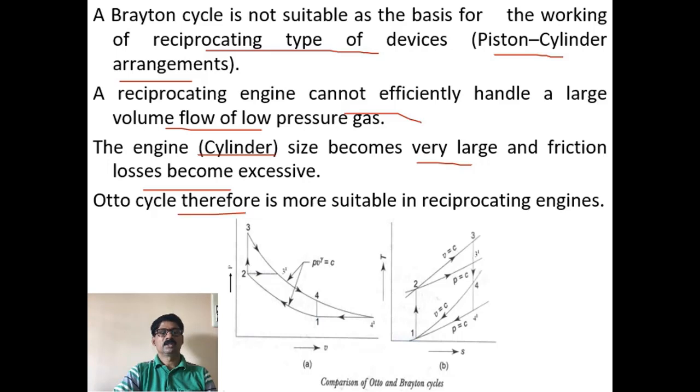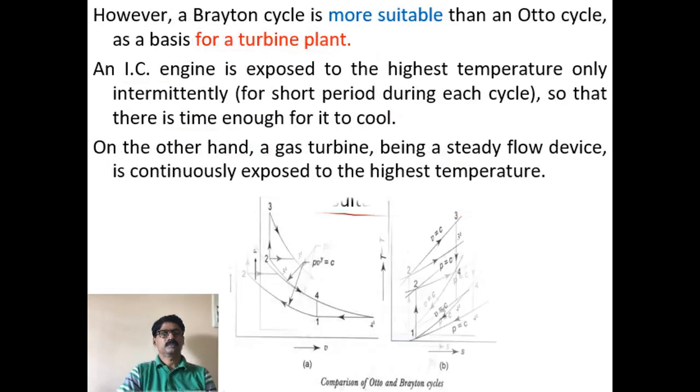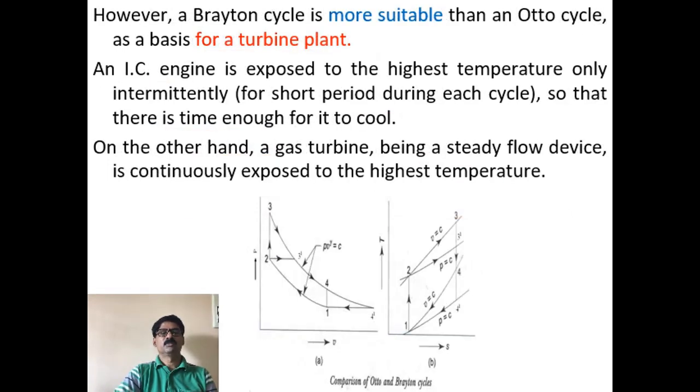So the Otto cycle is therefore more suitable in the case of reciprocating engines. However, a Brayton cycle is more suitable than the Otto cycle for the turbine plant. So when it comes to a gas turbine plant, the Brayton cycle is more suitable than the Otto cycle. An IC engine is exposed to the highest temperature only intermittently.